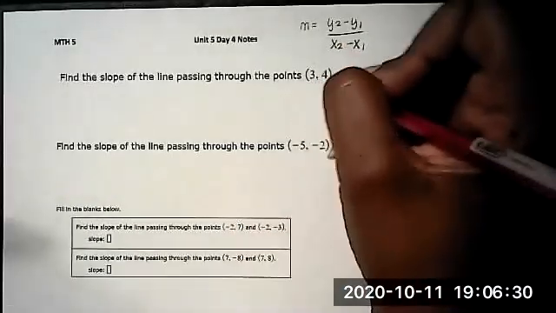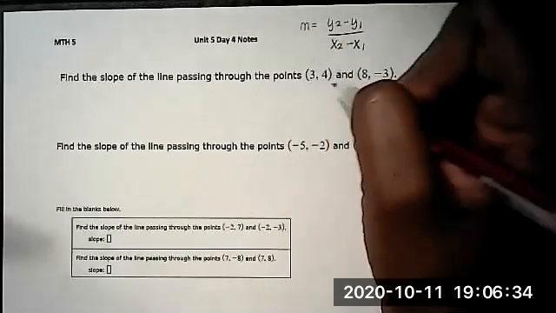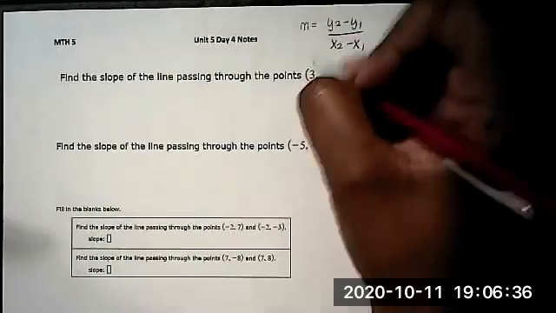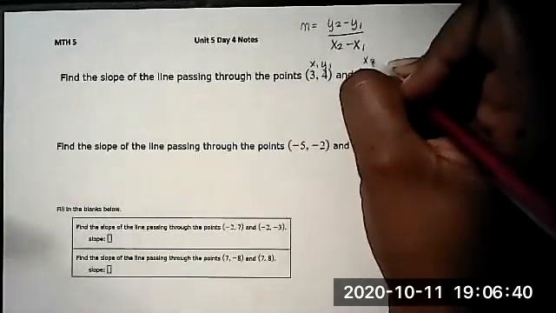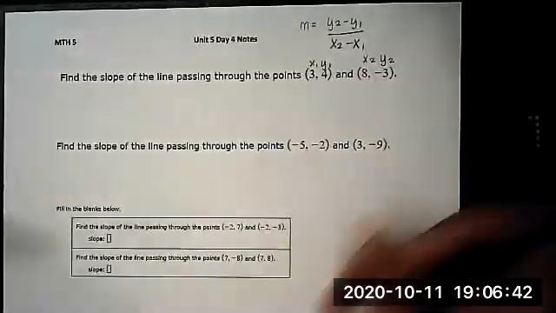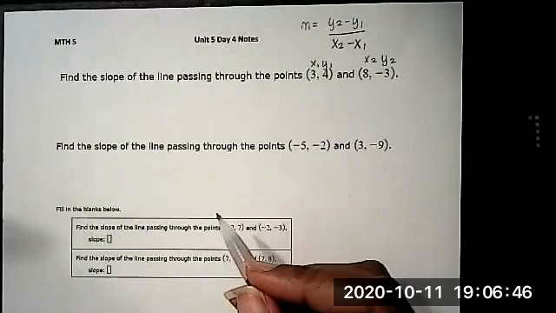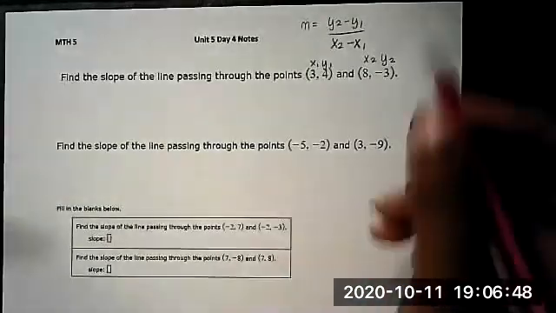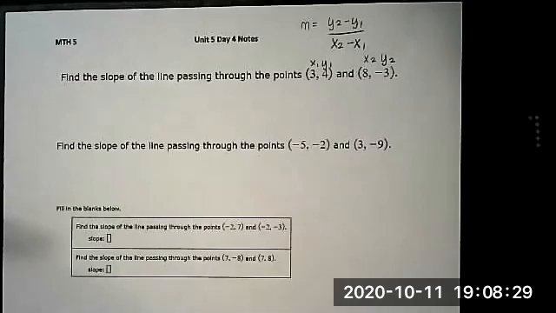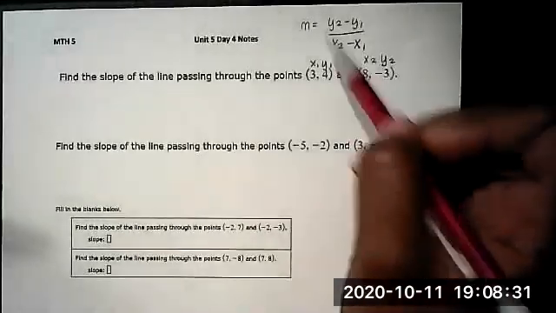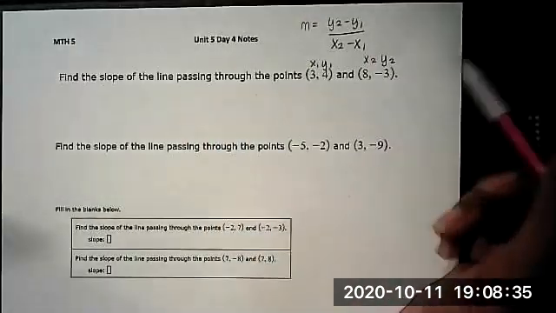In order to label your points, please understand that in one point there's always an X and there's always a Y. So this is going to be X1, Y1, X2, Y2. Remember that there's always an X and a Y in each point.